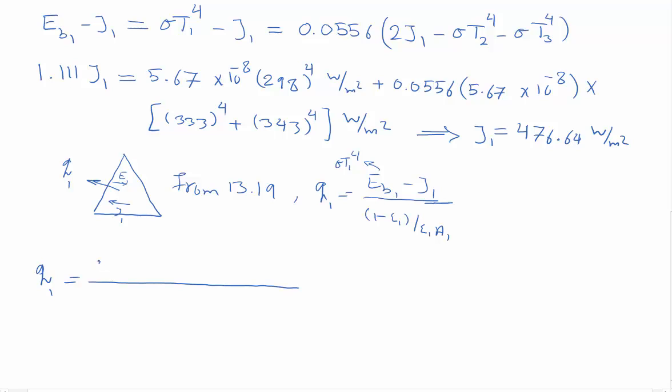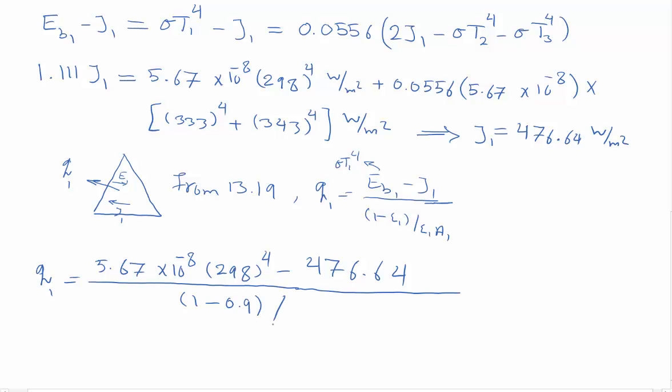So plug in the values: 5.67 times 10 to the minus 8 multiplied by 298 raised to the 4, minus the radiosity value that we found up here, 476.64, divided by (1 minus 0.9) over 0.9 L, where L is the length of the surface. We don't see it, it's perpendicular to the plate. And of course, there is a 1 here which corresponds to the length of the plate. I'm sorry, this is a 1.